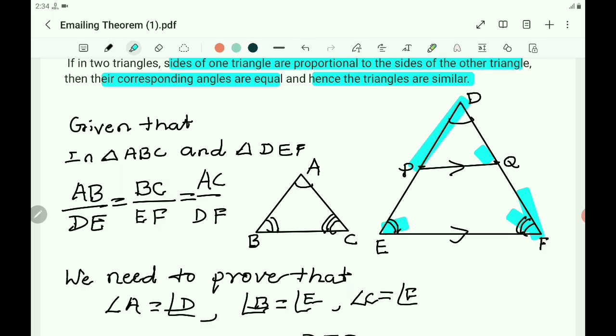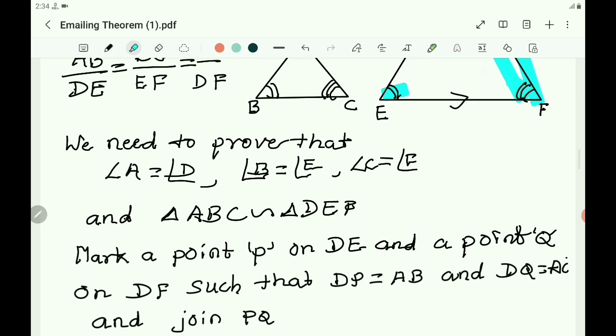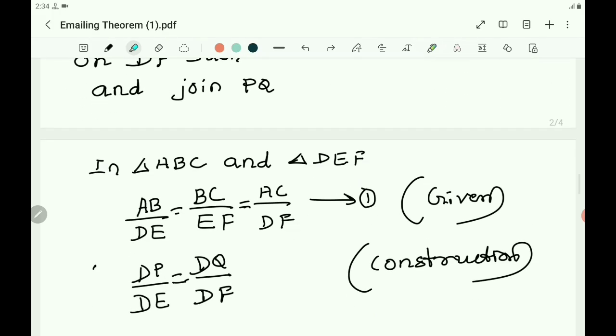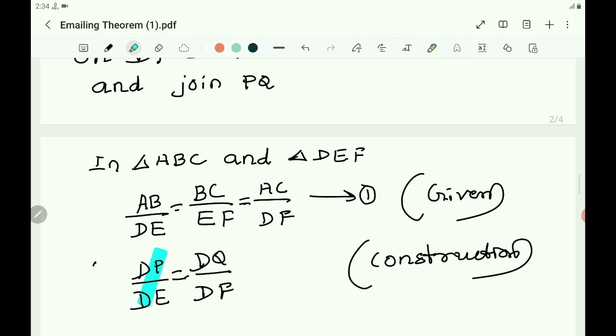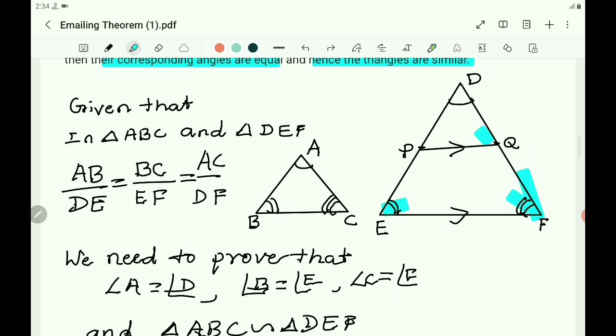Here you got that DP by DE is equals to DQ by DF. That you can observe in the figure. Then you can say that PQ is parallel to EF according to the converse of the Thales theorem and converse of the corollary.